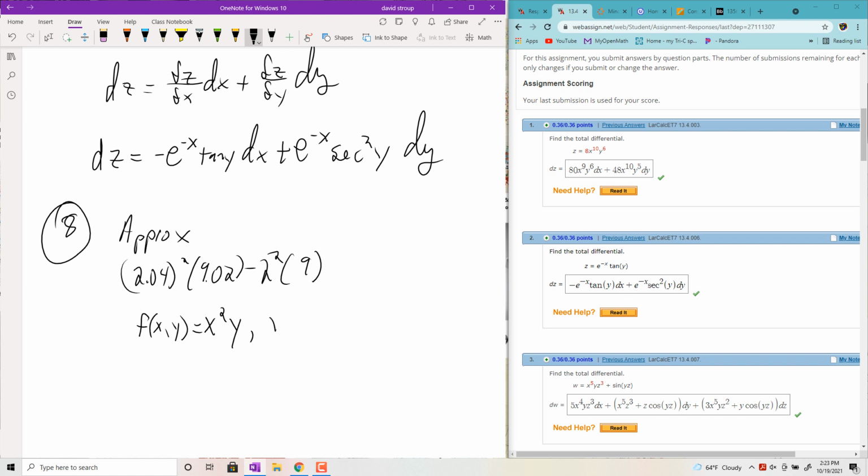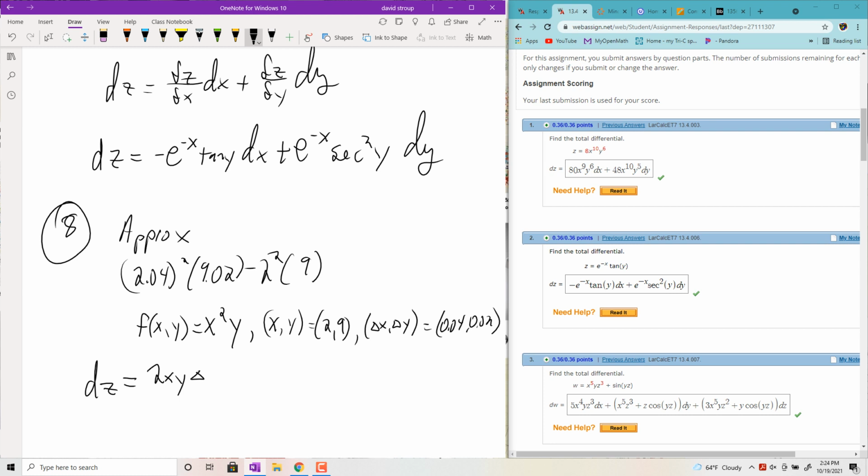Our x and y values look like 2 and 9. And then our change in x and change in y look like they're going to be 0.04 and 0.02.